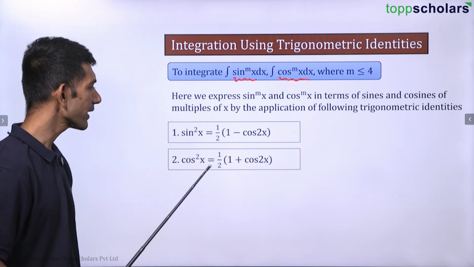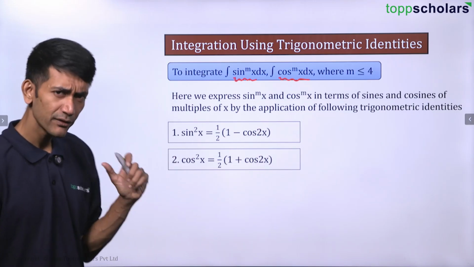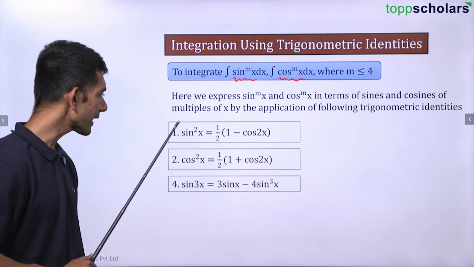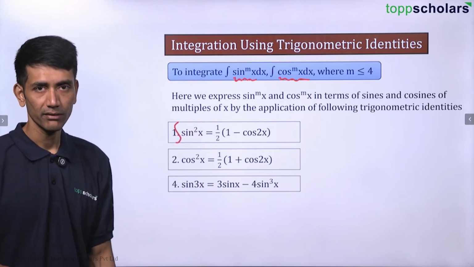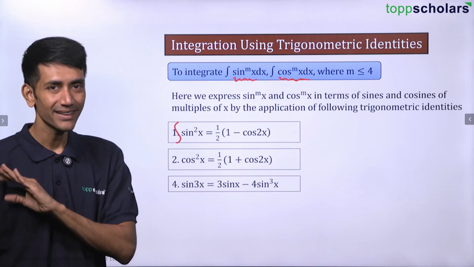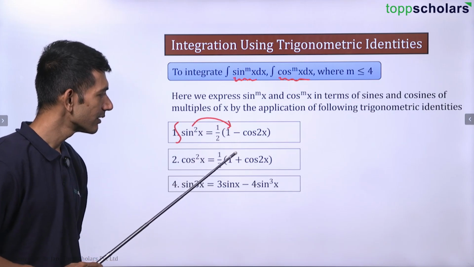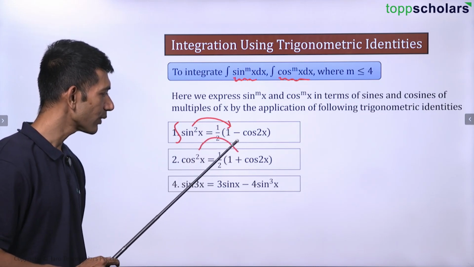Cos square x will be 1 by 2 into 1 plus cos 2x. This is how you replace it, and these formulae we already know. Because we don't directly have the formula for the integration of sine square x, don't consider that as x square and then x cubed by 3. It doesn't happen like that. You have to replace sine square x by 1 minus cos 2x, and cos square x by 1 plus cos 2x.